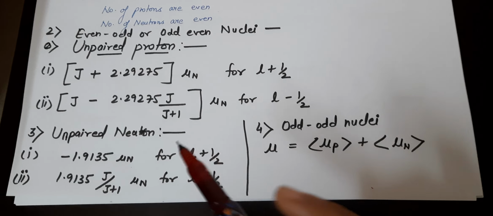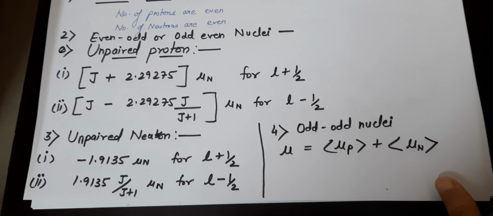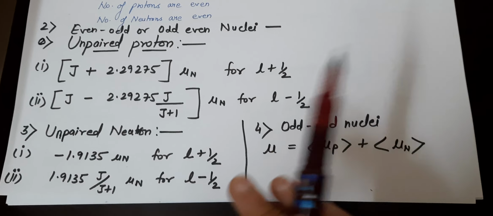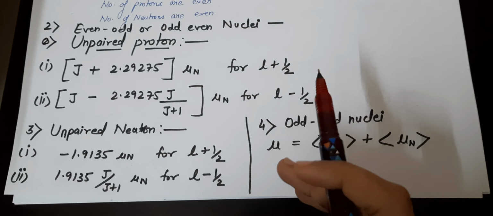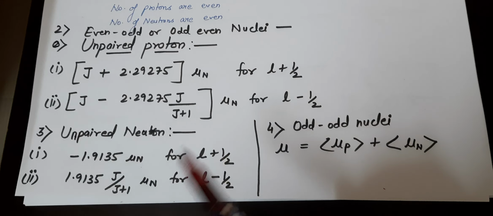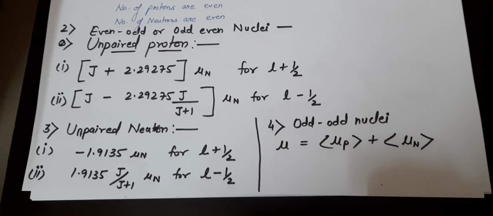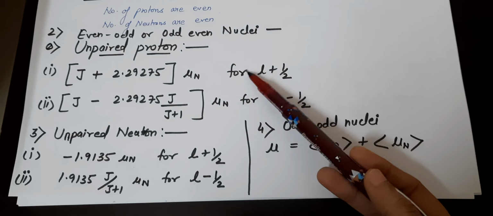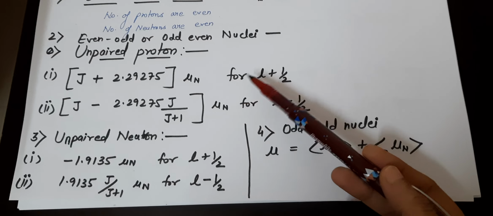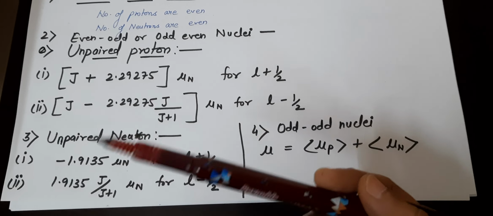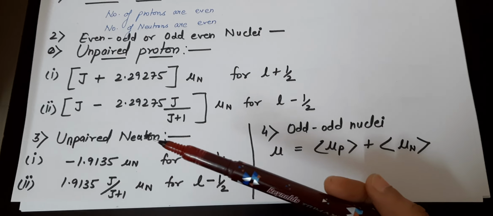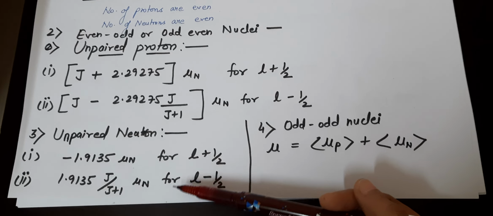There is one more case in which both the proton and neutron are odd in number. In that case, first of all we need to calculate the magnetic moment for the odd proton using whichever formula is suitable for that particular case. Then we calculate the magnetic moment for the neutron using these two formulas.